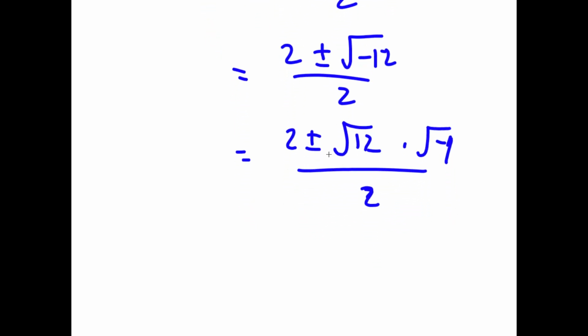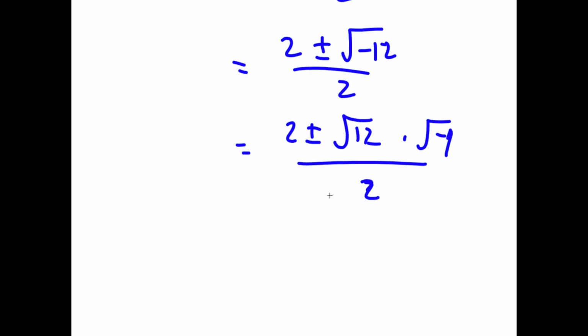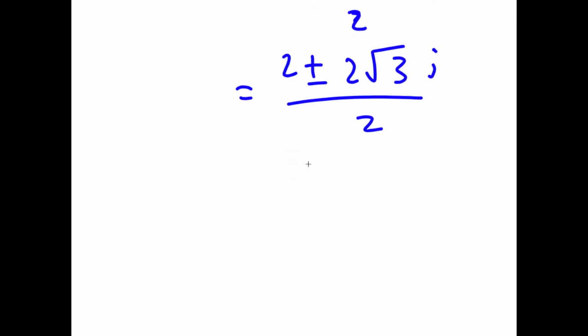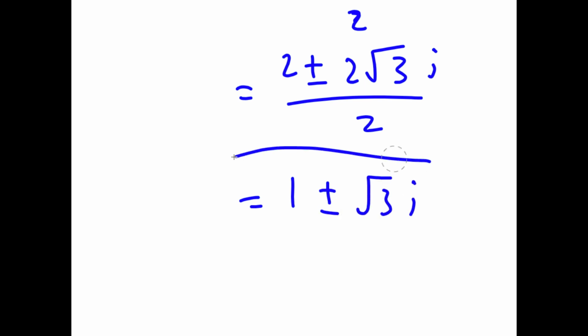And the square root of 12 simplifies to 2 root 3. And the square root of -1, that's simply i. So I have this over 2. Now if I divide both sides by 2, I get 1 plus or minus the square root of 3 i. So these are my two solutions.